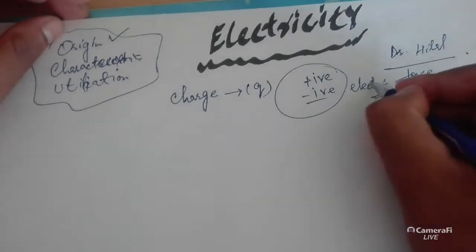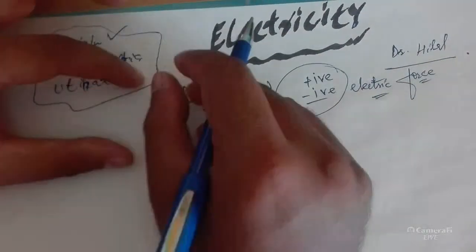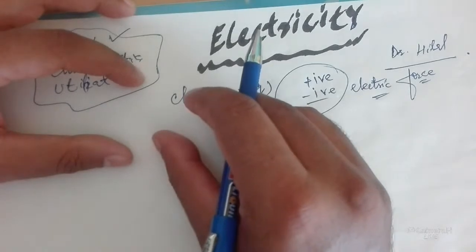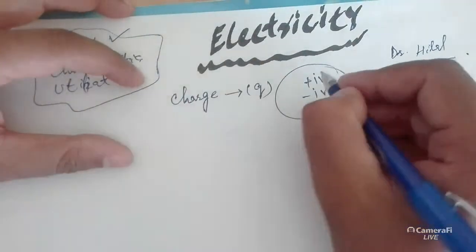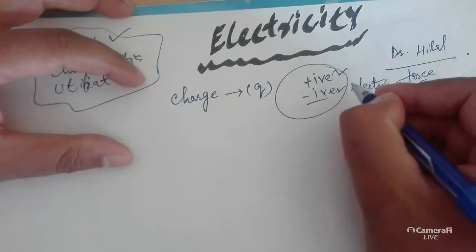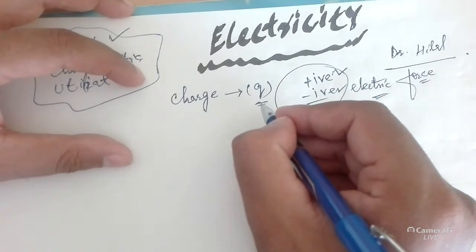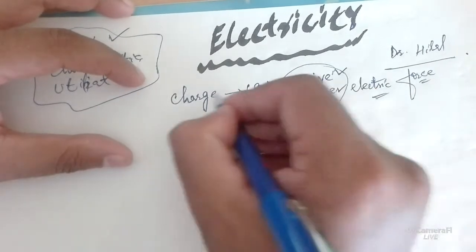The electric force that any matter experiences, because of which the matter can be called electrically positive or electrically negative, is because of the charge in that matter.